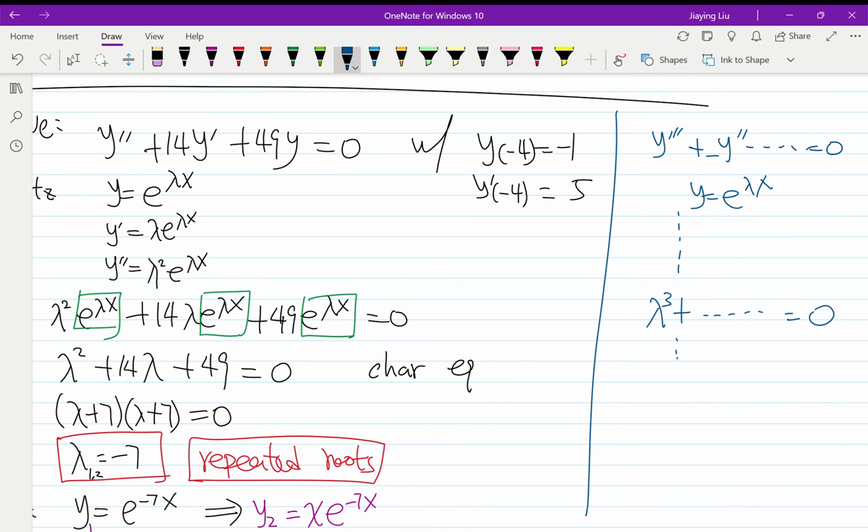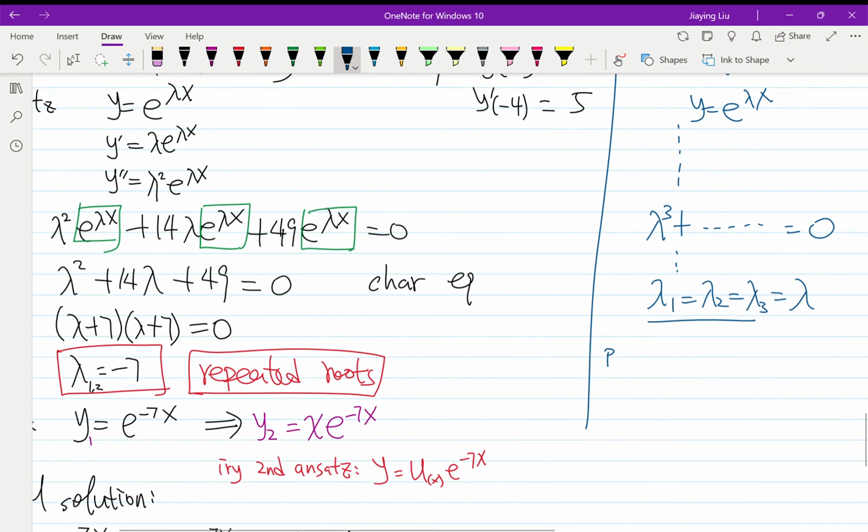Suppose we end up with lambda 1 equals lambda 2 equals lambda 3 equals some value lambda. All three roots are the same. What about the base solutions for the differential equation at the end? It's going to be very similar to what we had over here. The first one is just going to be e to the lambda x, doesn't change. The second one is going to be x times e to the lambda x.